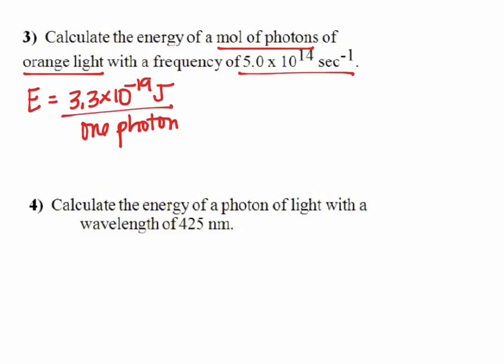It wants to know what it is for a mole of photons. So how do I go from single photons to moles? Avogadro's number, yes. So for every 1 mole, there are 6.02 times 10 to the 23 photons.